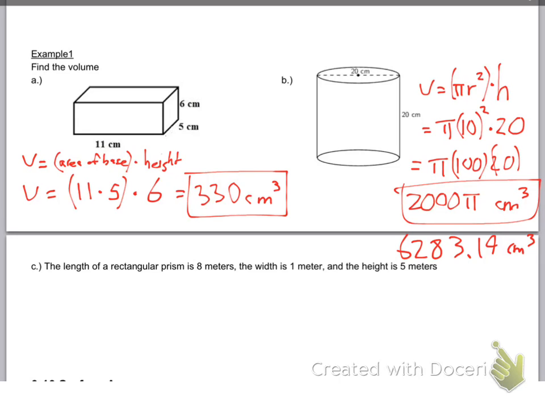Any questions? 3. The length of a rectangular prism is 8 meters, the width is 1 meter, and the height is 5 meters. Wait a minute, that's the length, width, and height. All I have to do with those 3 numbers is do what?